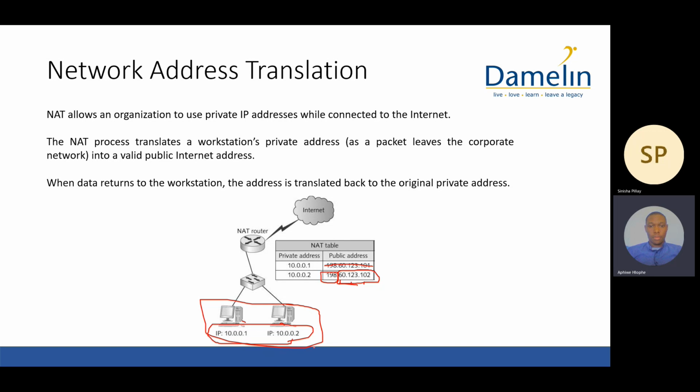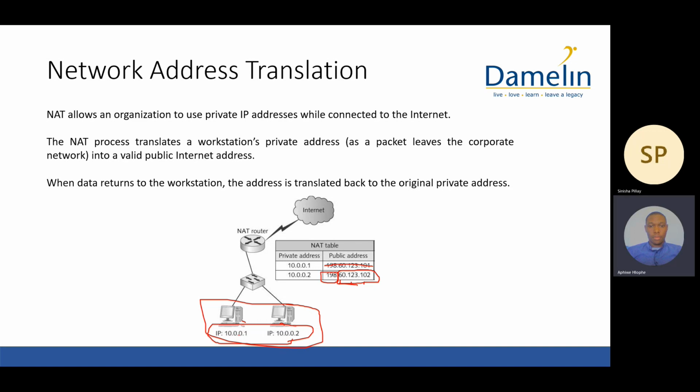Number one, private IP addresses are not tracked by the web servers on the internet. They are private; only the router knows. Also, private IP addresses are leased, so they change. One time this computer would be 10.0.0.1, then the next time 10.0.0.2. So they differ and change often.